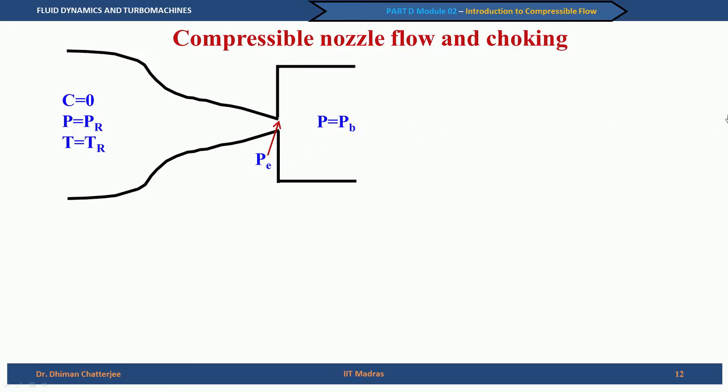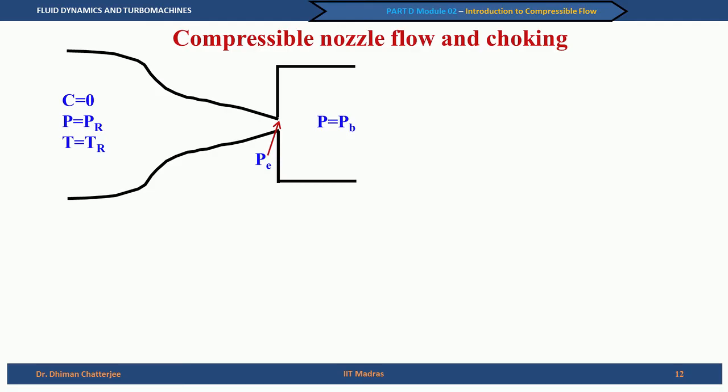So, let us do a thought experiment first. We say that there is this reservoir connected to a back pressure environment by a nozzle. Initially, let us say that the back pressure Pb is kept the same as the reservoir pressure.